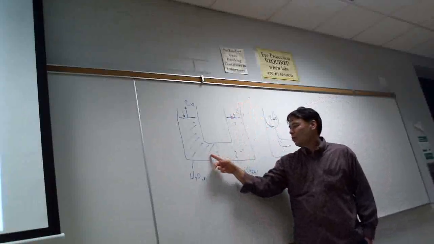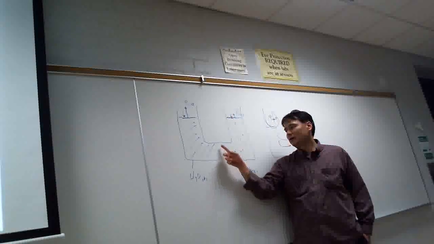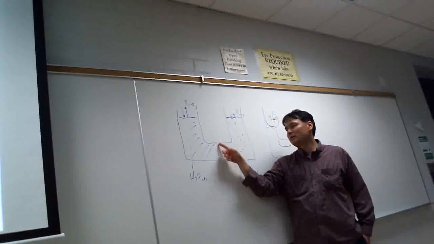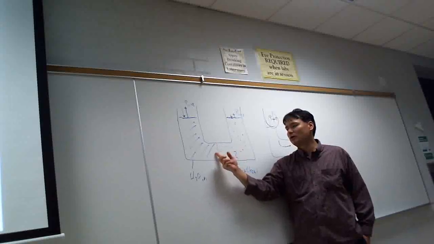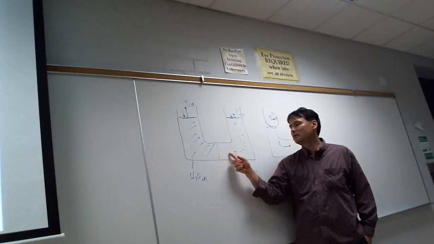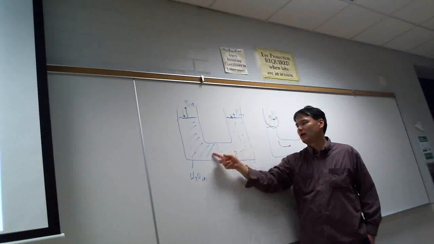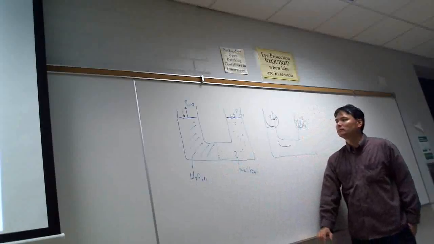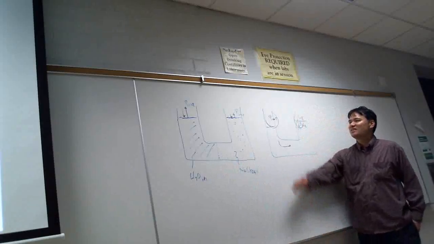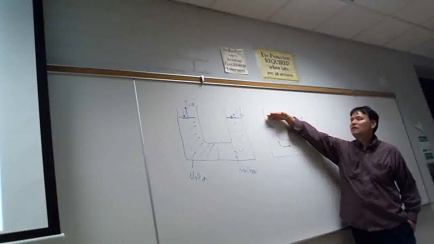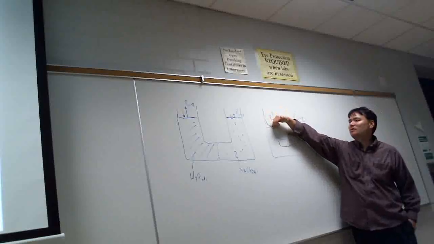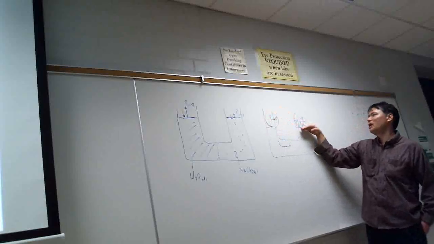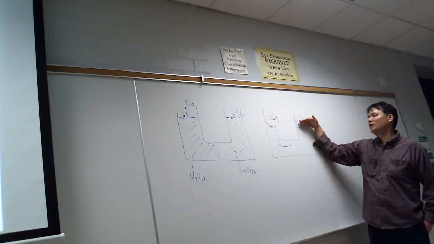Now, separating the water from the solution here is a semi-permeable membrane. A semi-permeable membrane allows water molecules to pass back and forth, but does not allow the salt, the sodium chloride ions, to pass back and forth. And so the end result is this. You've got more pressure on the left. If you've got more pressure on the left, it's going to push down the surface on the left and push up the surface on the right.